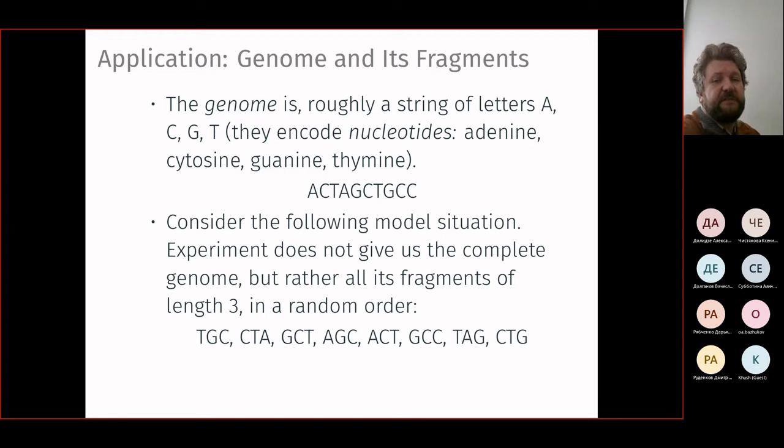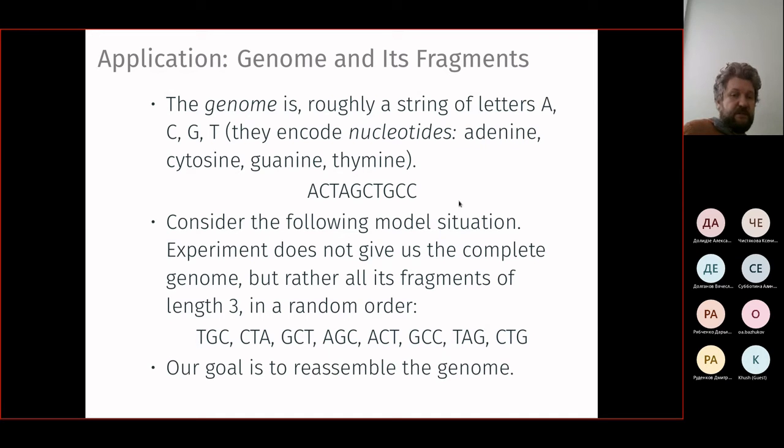The experiment does not give us the complete genome, but rather we have triplets. We have fragments of length 3 in some random order. This is given by the biochemical apparatus somehow. And we want to restore the original genome. It's called reassembling the genome from the results. They could be not triplets, they could be, say, quadruplets or something like that, but the idea is basically the same.